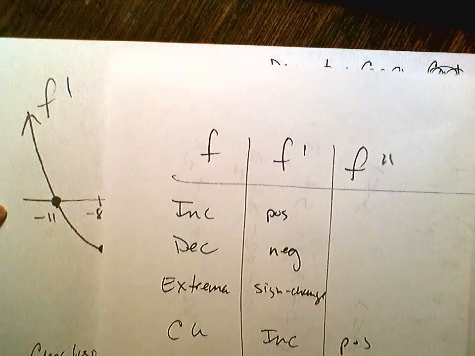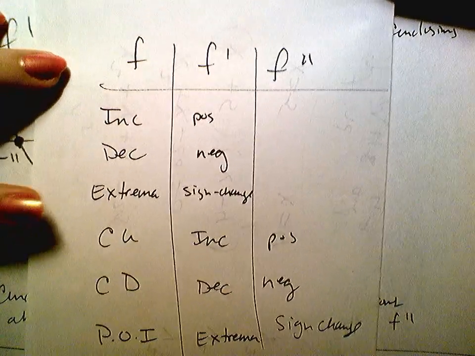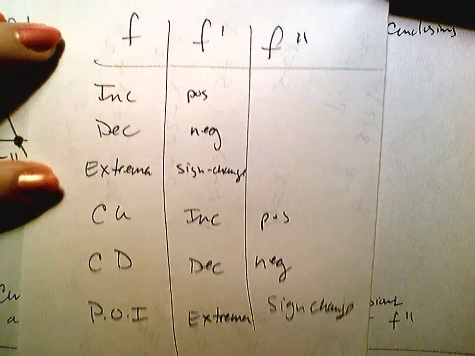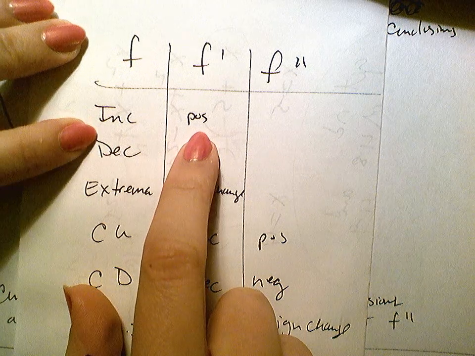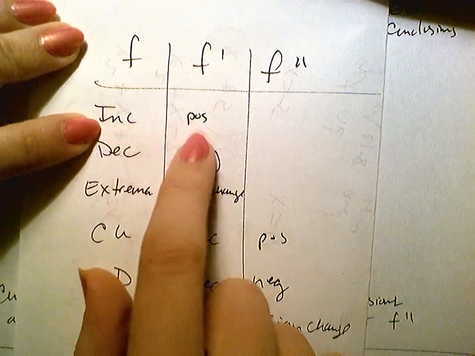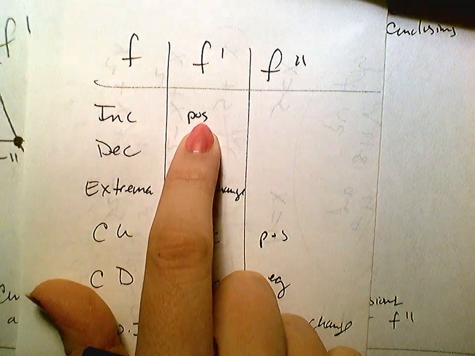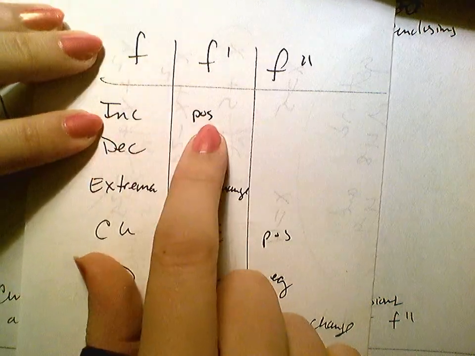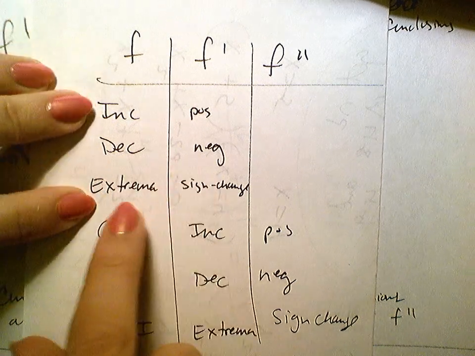And to make the conclusions, we'll have to look at Susan's table. This gives all the conclusions you'd need to know, basically. So if f is increasing, f prime is positive; those are the same information. F decreasing, f prime negative.